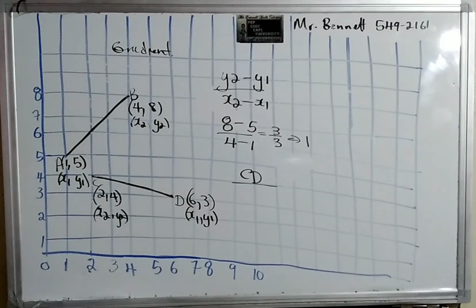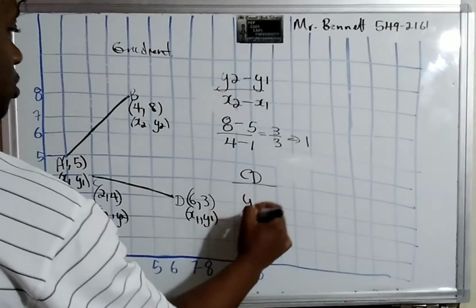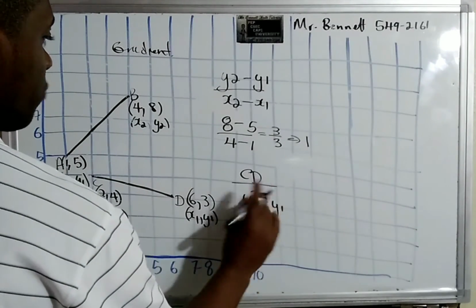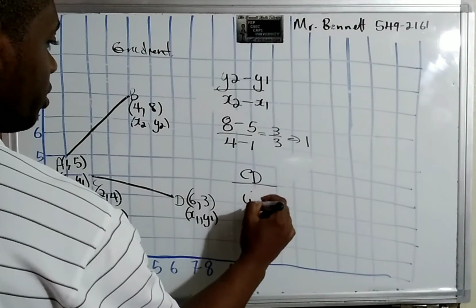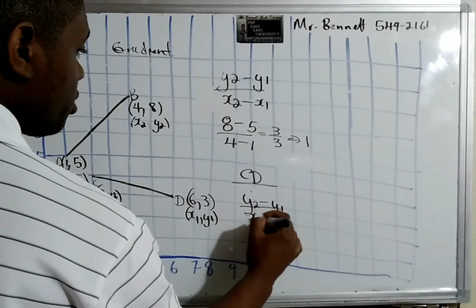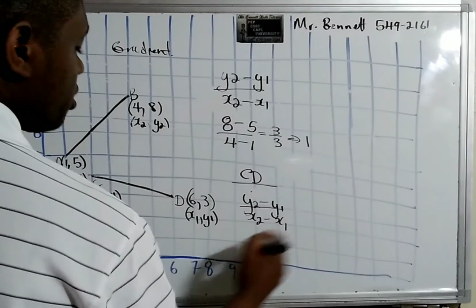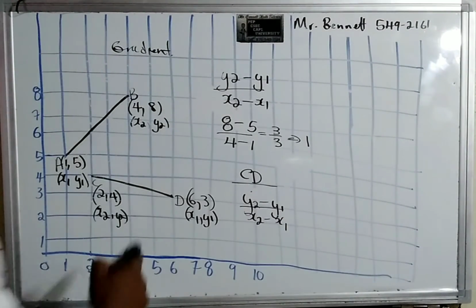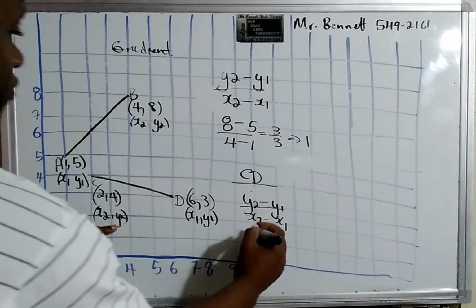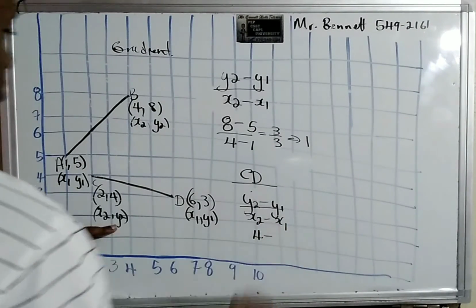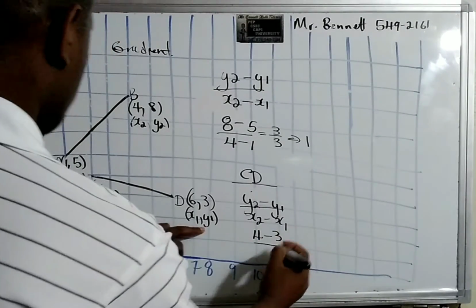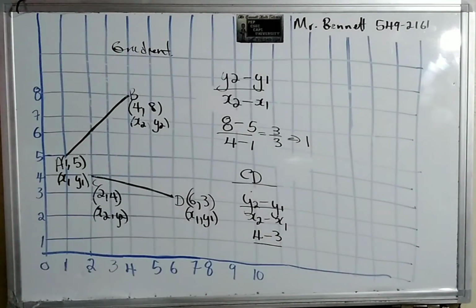We're going to find the gradient, and we say it's y2 minus y1 over x2 minus x1, right? So it's the change in y over the change in x. So y2 was 4, so it's 4 minus y1, which is 3, divided by the change in x.